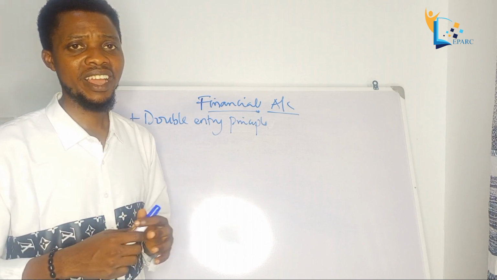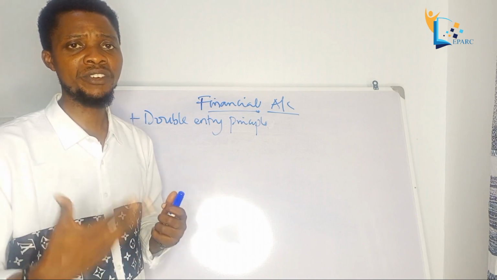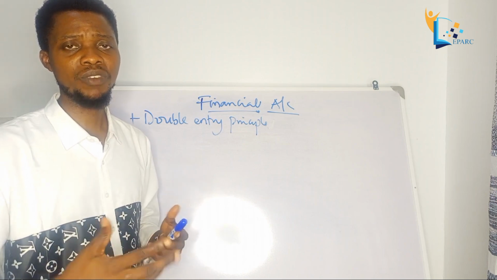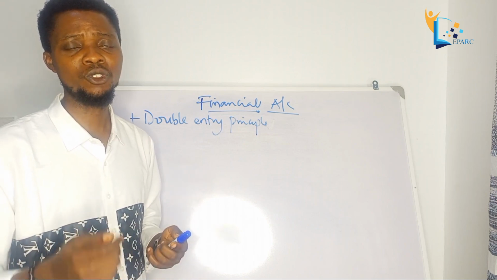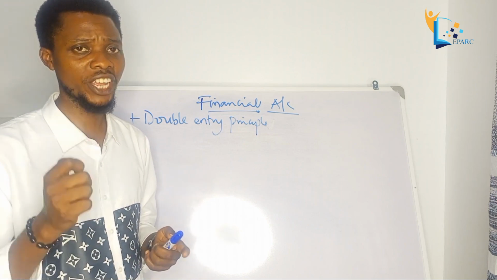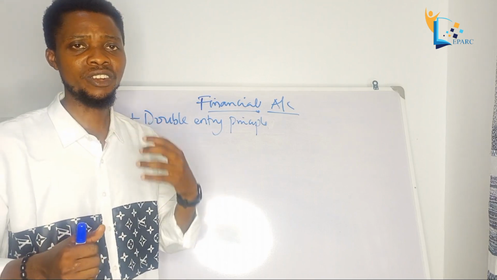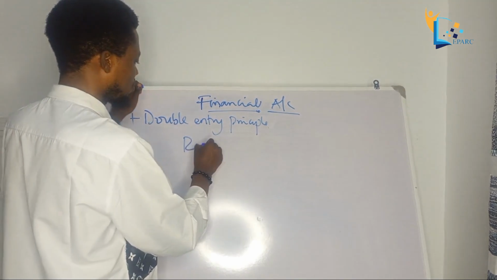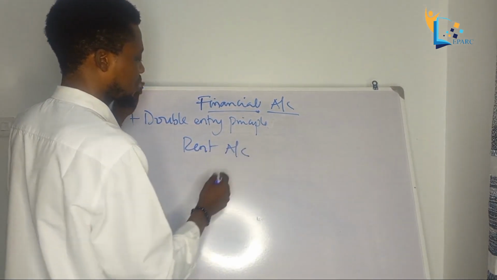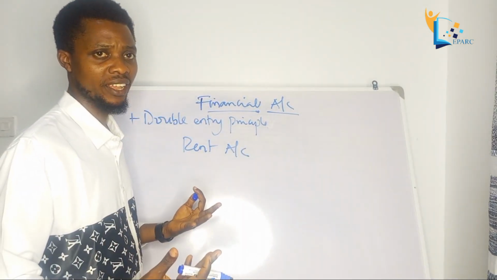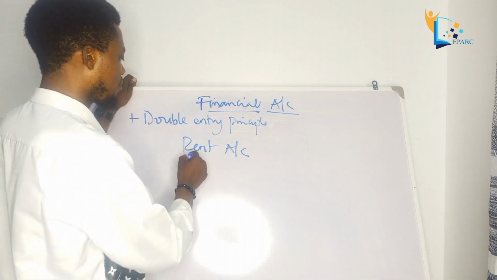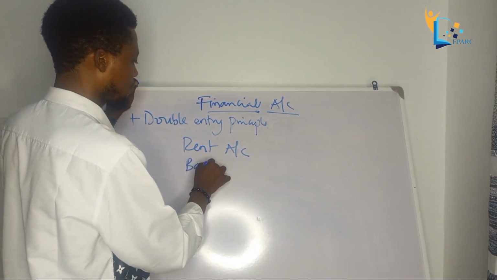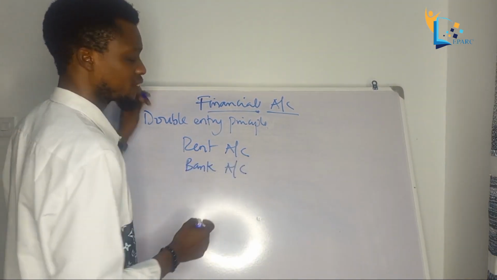I don't know if you understand it. For instance, if I pay rent to my landlord using a check, the accounts involved are the rent account and, since I paid with check, not cash, the bank account. These are the two accounts involved.